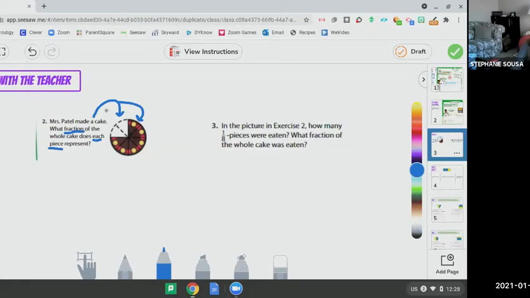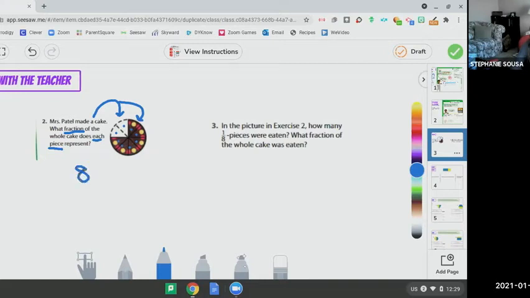So I'm going to label or put a dot to count the pieces. I'm going to start here. 1, 2, 3, 4, 5, 6, 7, 8. There are 8 pieces on this cake.